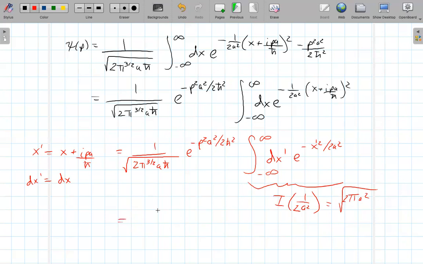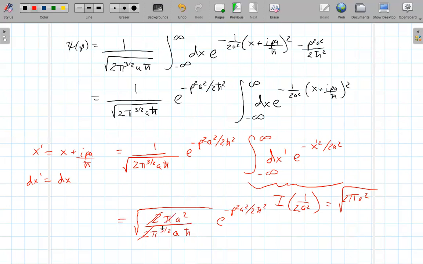So this finally becomes, let's write all this out, the square root of 2 pi a squared divided by 2 pi to the 3 halves a h bar, times this exponential here, e to the minus p squared a squared divided by 2 h bar squared. Finally, this 2 cancels this one.